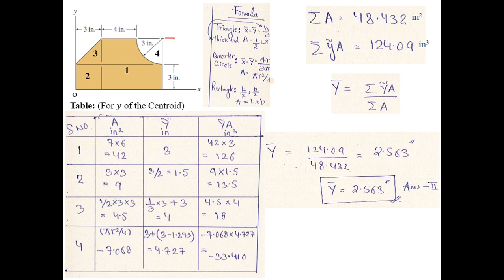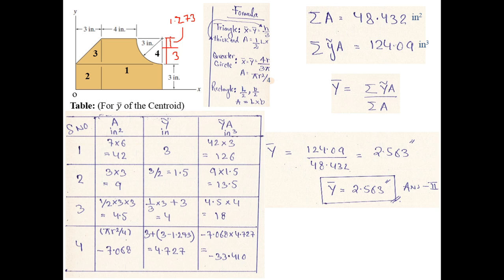So we are doing it in a very similar way as we did for x. This dimension is 1.273, and this dimension is 3.